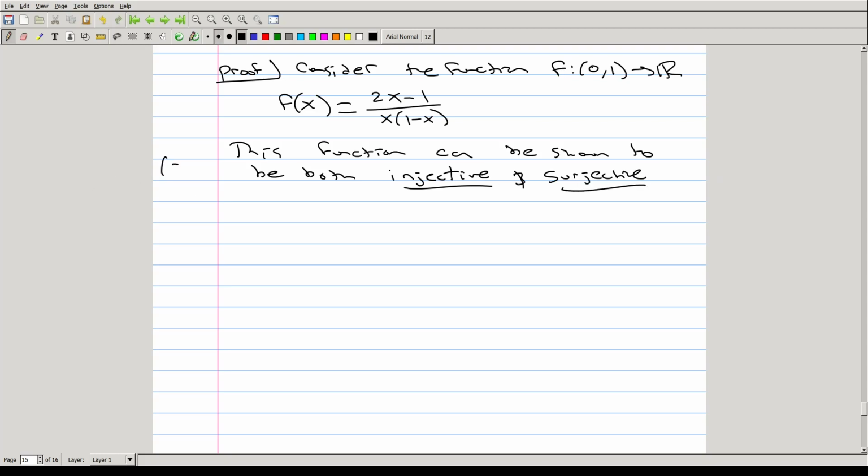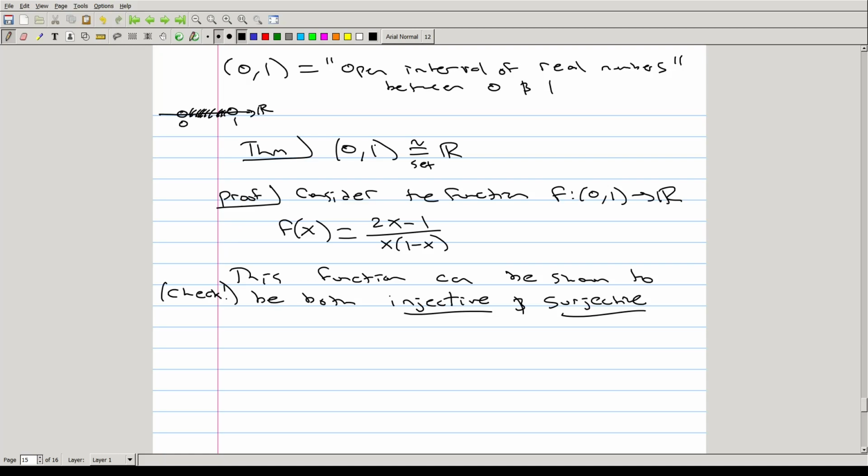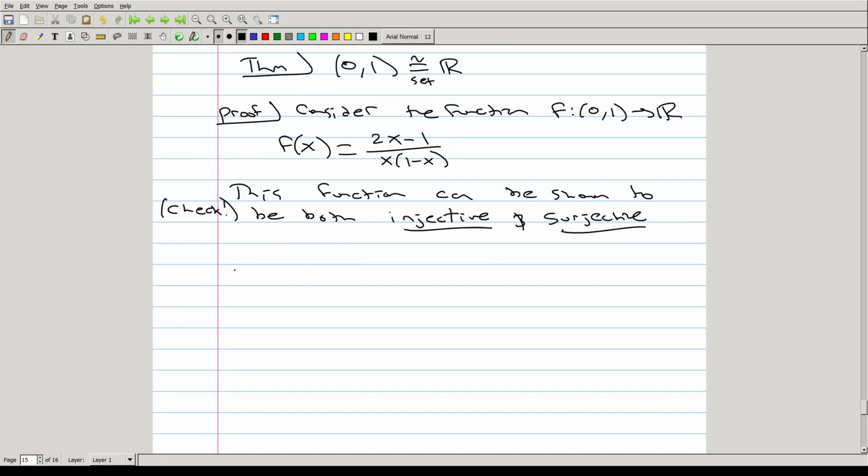It's a good exercise to practice your definitions of injectivity and surjectivity. But because of that, this means that it's bijective, and this interval from 0 to 1 is in bijection with, or set-theoretically isomorphic with, the set of all real numbers.